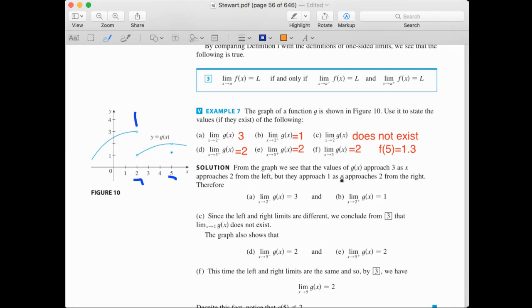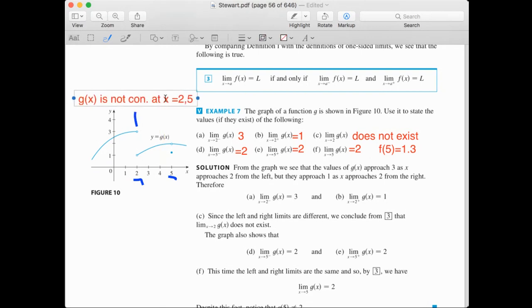Okay. So the limit does not equal the function value. Even though the limit exists, it does not equal the function value. So the function is not continuous at this point. So here, so far, we see that g is not continuous at x equals 2 and 5.